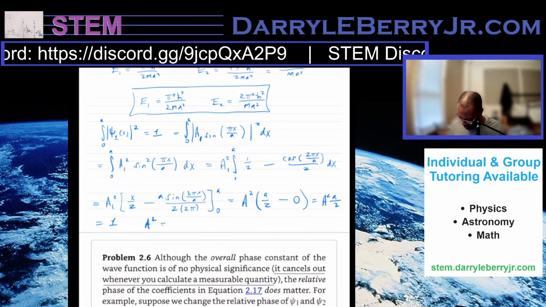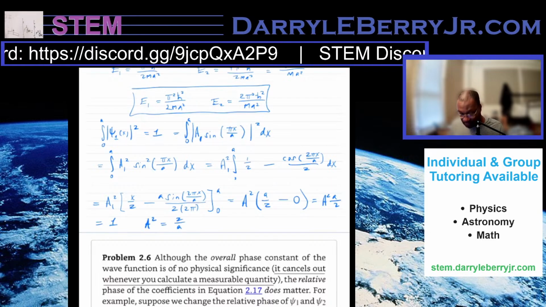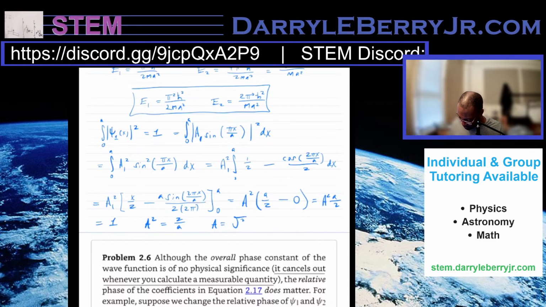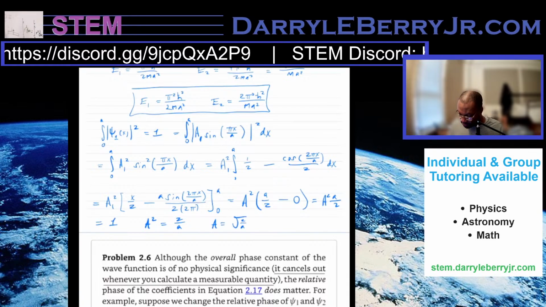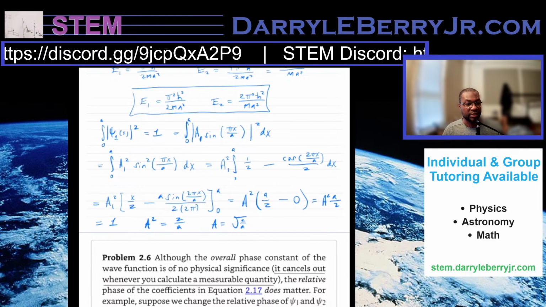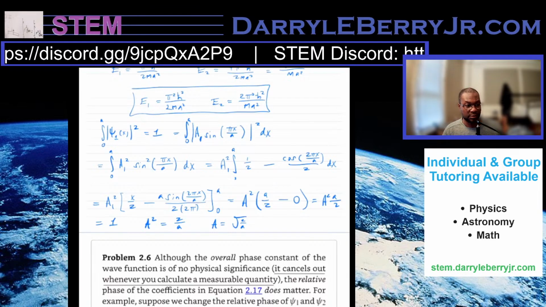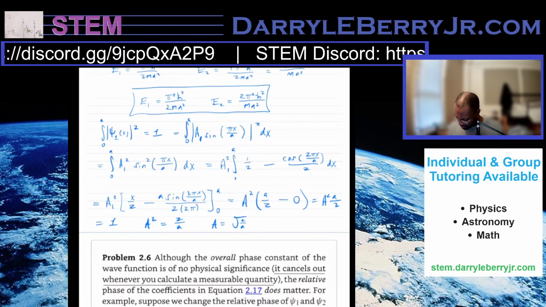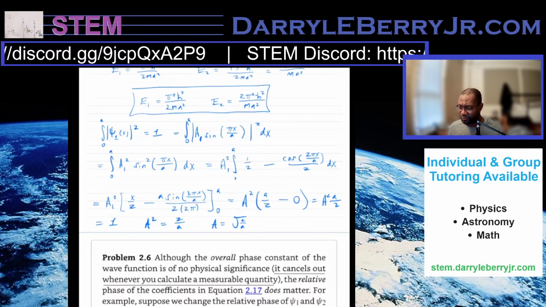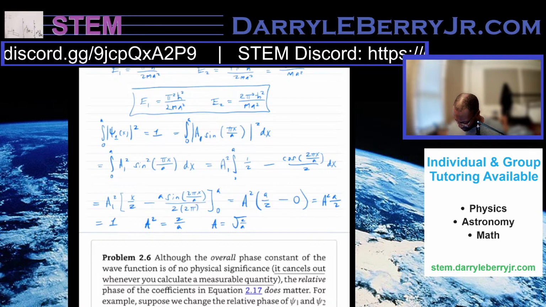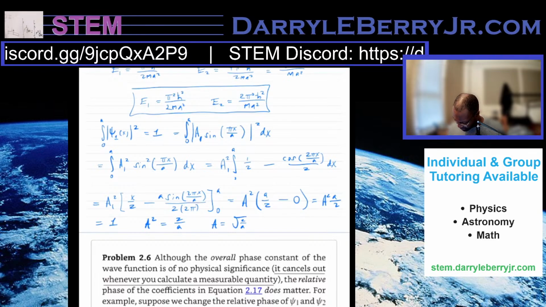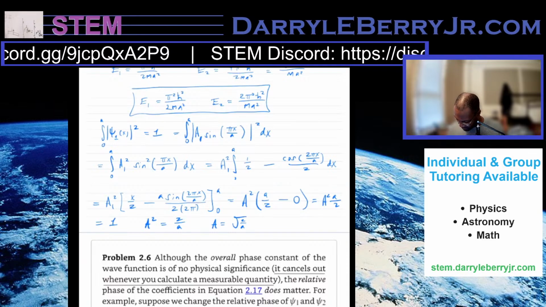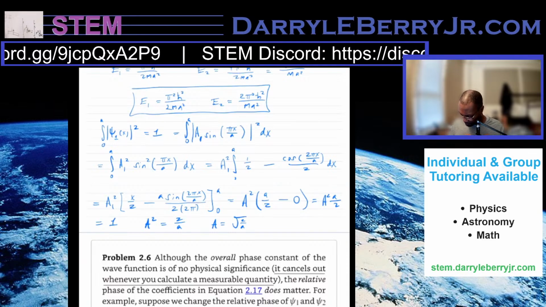So A1 squared equals 2 over a. So A1 equals the square root of 2 over a. And let me see if that's the answer they had. Yep, that's the answer they have. So I guess I was close. What did I say it was? 1/2? I guess I would have left off this variable if I just did 1/2. So not bad to just do the integral.